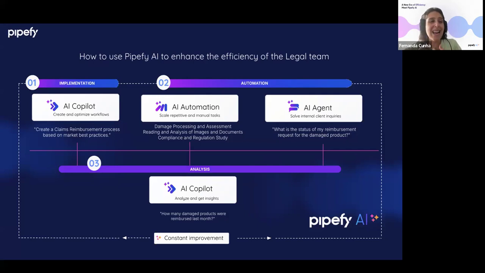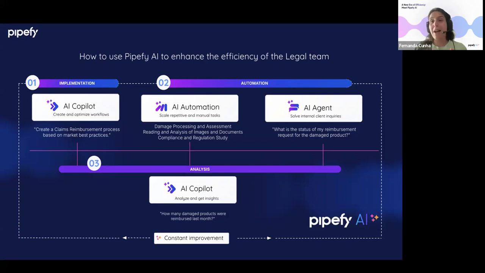You can ask a lot of different questions, right? So you even have some suggestions based on your own process. So once you enter the pipe, you have the AI button below. So that is your chatbot able to answer any questions that you may need regarding what is in that process, okay? So if you put all of those products together, you get constant improvement with Pipefy AI.